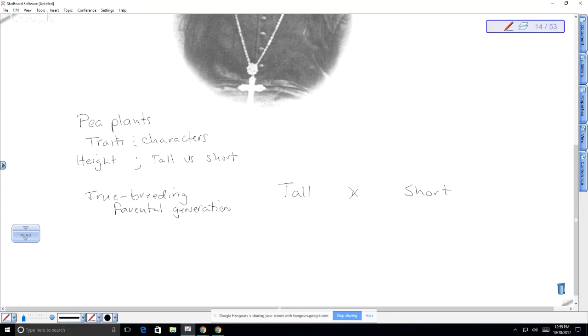So if I breed them, something interesting happened here: he didn't get a medium height plant, he got tall plants. Okay. So he's like, what is going on here, right? I always got tall plants. And this has a name.